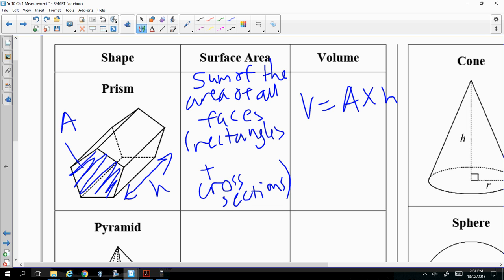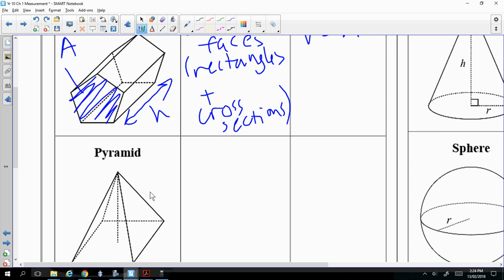Okay, how about pyramid? You learned that recently. So for pyramid, you have the area of the base, which can be a square or rectangle, plus the 4 triangles, which can be the same or different area.